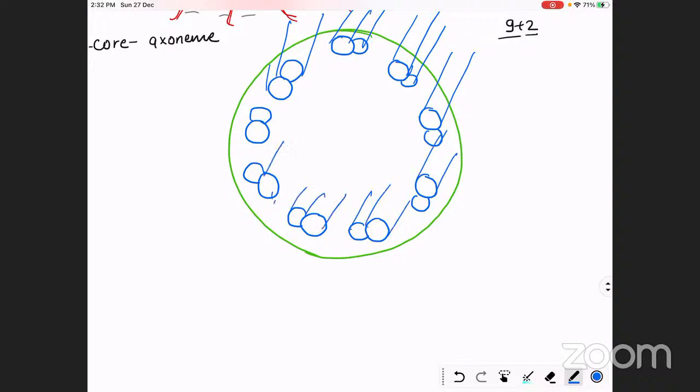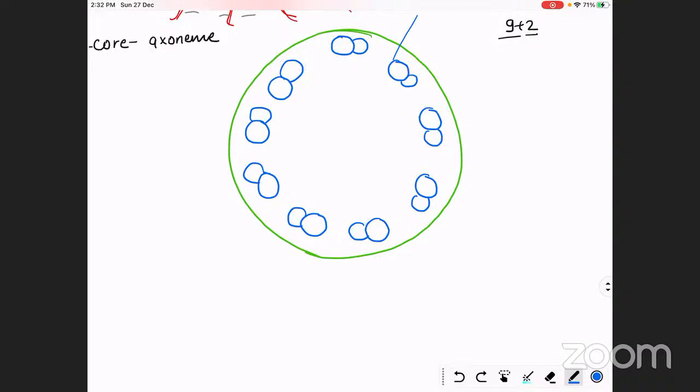The microtubules are running like this, but we are seeing the structure from the anterior view, from the front. We are seeing the structure of the flagella from the front. So we have 9 doublets of microtubule.